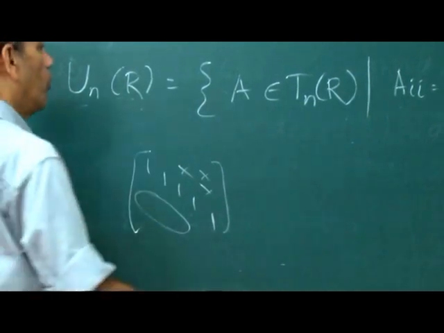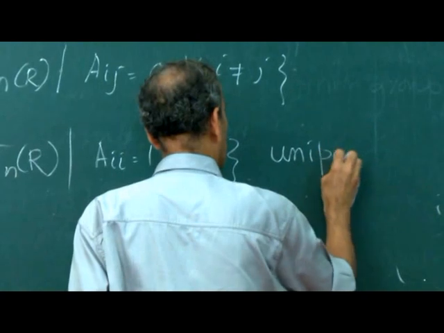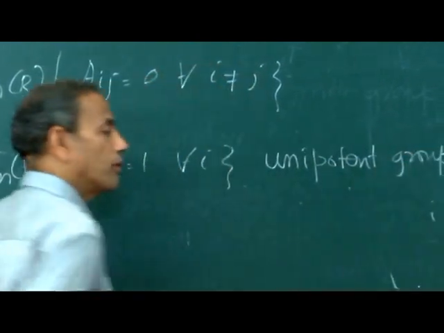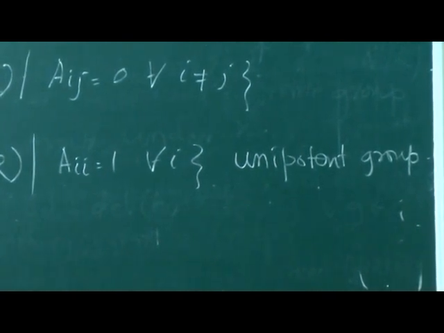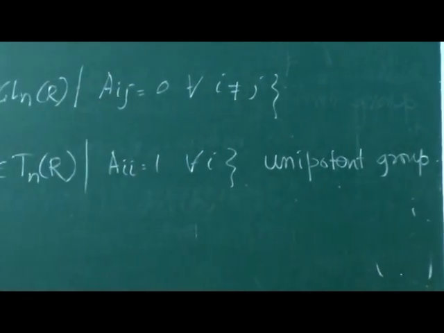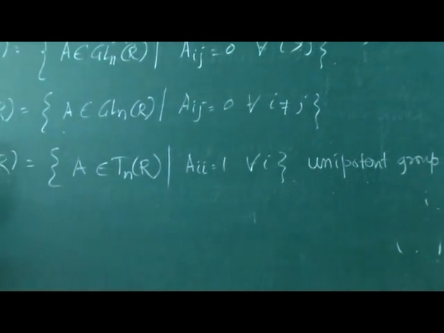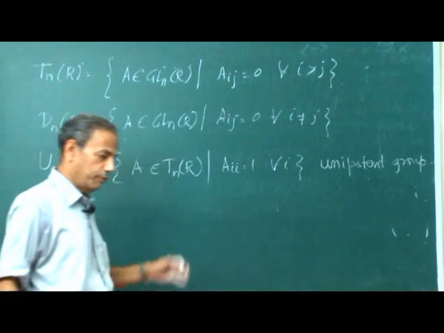This is called a unipotent group. This is also a group, and all these are contained in GL_n(R). So GL_n(R) contains all the invertible matrices. Okay.